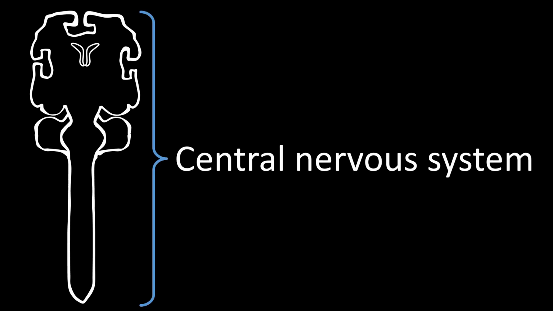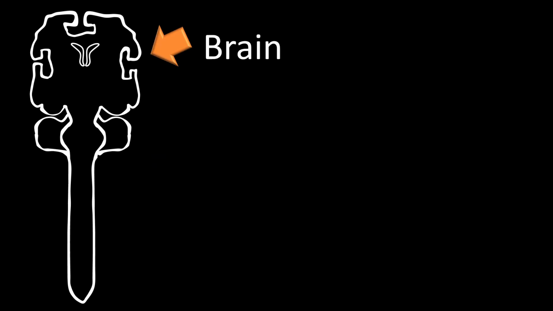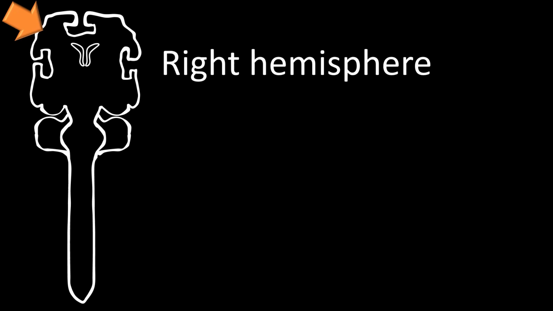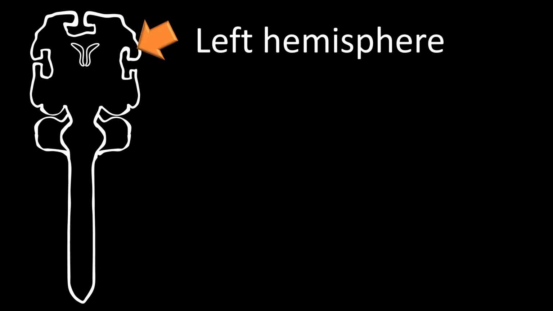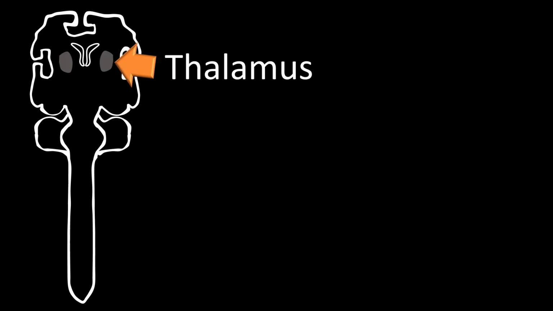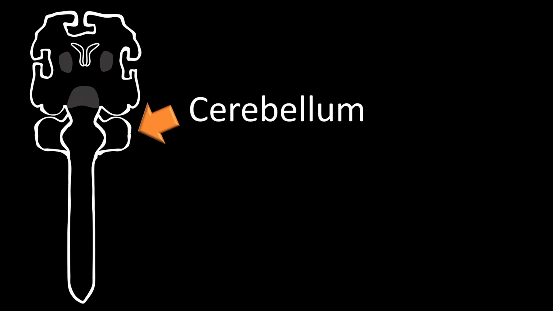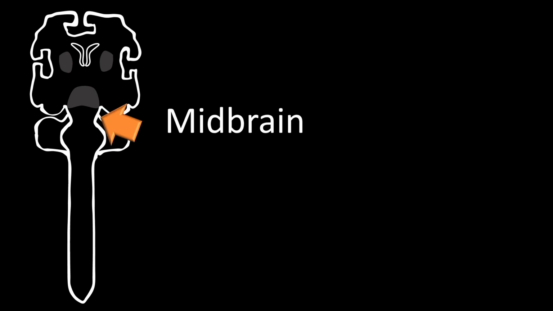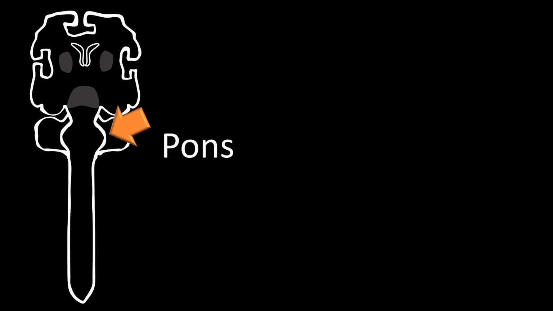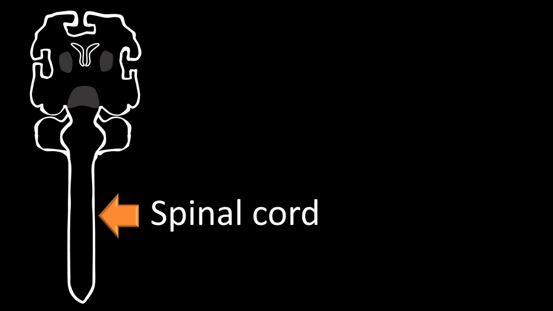This is a representation of the central nervous system. The brain, right hemisphere, left hemisphere, thalamus, diencephalon, cerebellum, midbrain, pons, medulla, and spinal cord.